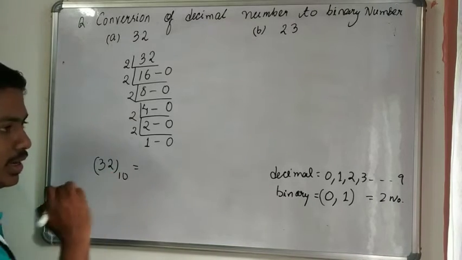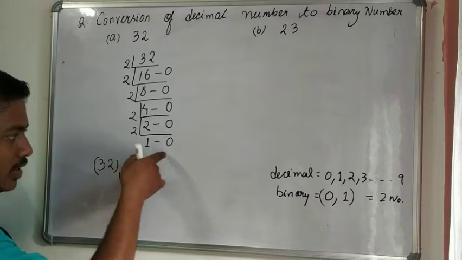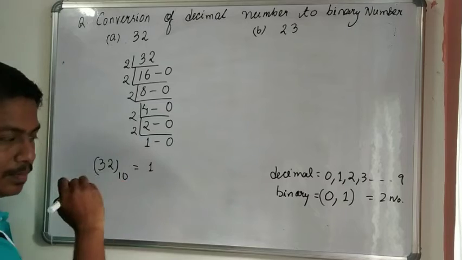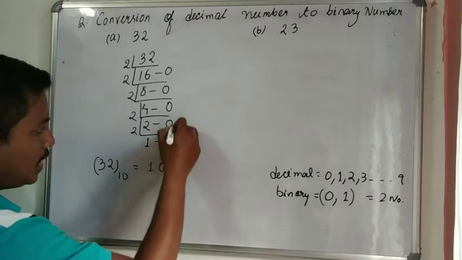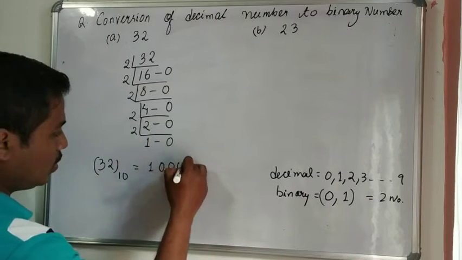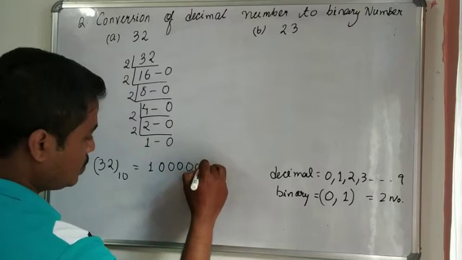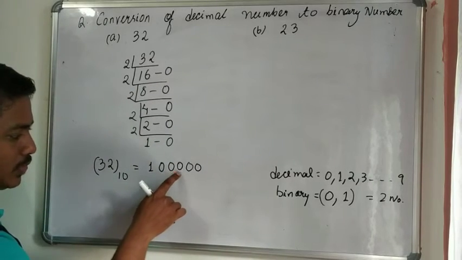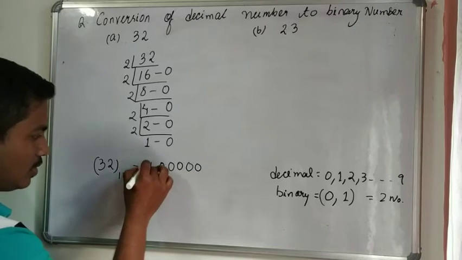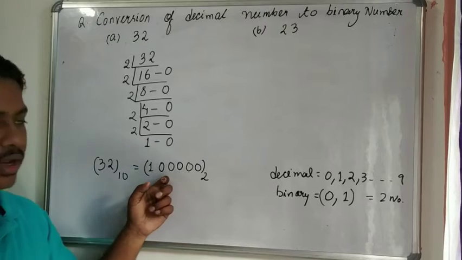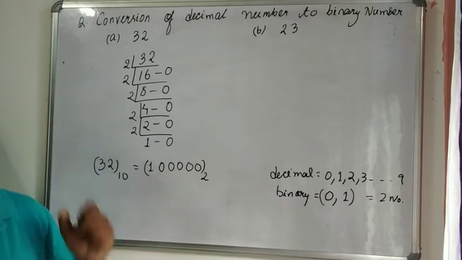This is converted into, we have to write in the reverse order, going on writing the remainders: 1, then 0, then 0, then again 0. So 1, 2, 3, 4, 5 zeros are there. So 32 has been converted into the binary number system.